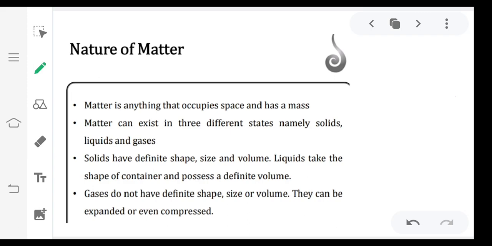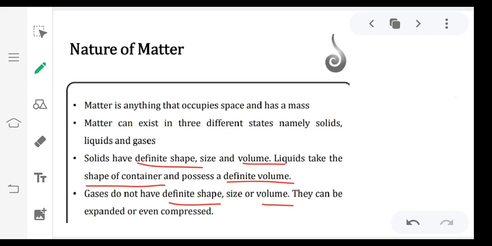Solids have definite shape, size and volume. Liquids have definite volume, but there is no definite shape. The shape of a liquid is nothing but the shape of its container. Gases do not have definite shape and do not have definite volume. They can be expanded or even compressed.